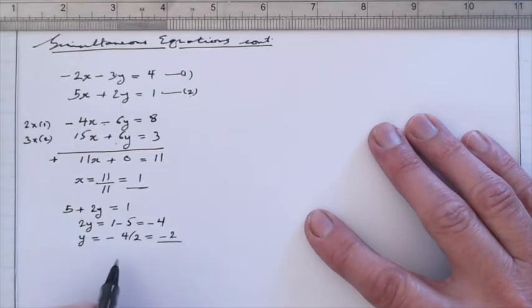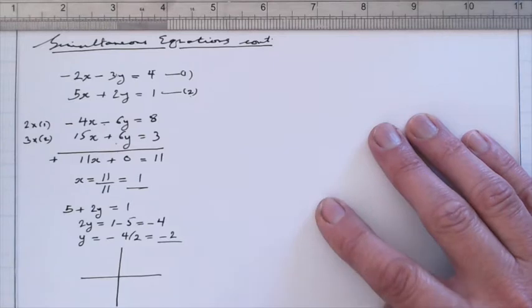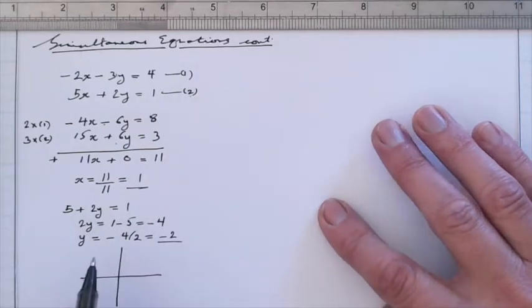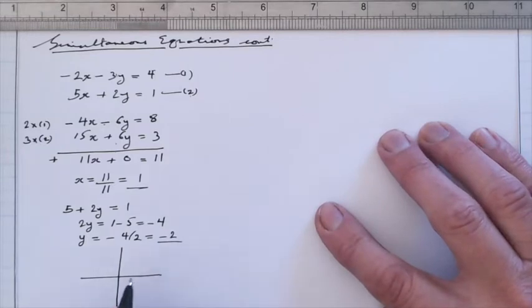Now, let's just see graphically how this all makes sense. I'm going to very quickly turn equations 1 and 2 into equations of the form y equals mx plus c.